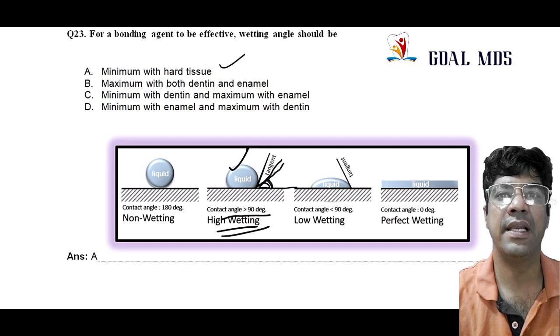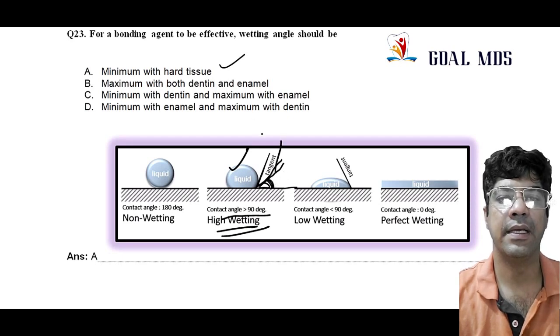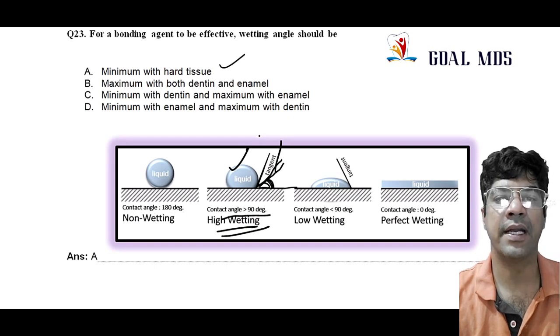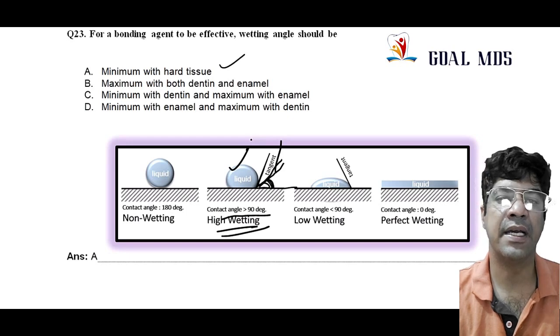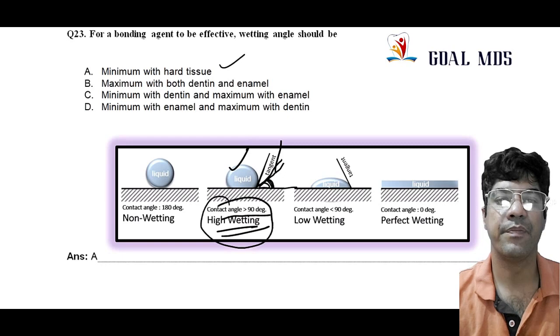If this angle is acute or less than 90 degrees, then the liquid has an attraction to the solid surface that encourages it to spread out and wet the surface effectively.